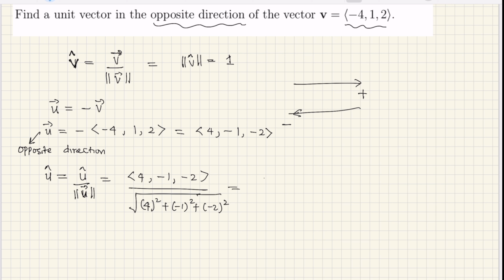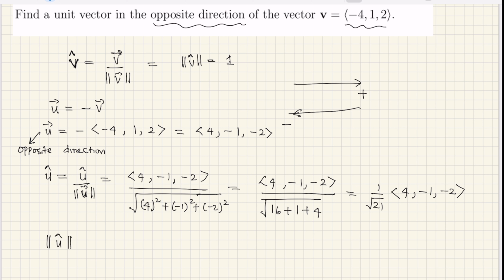Then this is going to be 4, minus 1, and minus 2 divided by the square root of 16 plus 1, then plus 4. So 16 plus 4 is 20, then plus 1 is 21. So we have 1 divided by square root of 21 multiplied by 4, minus 1, and minus 2. So basically, the magnitude of your unit vector must be what?